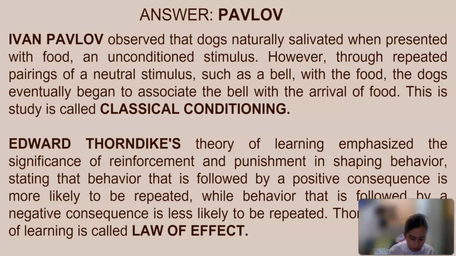So, the conditioned stimulus is actually the bell. After you ring the bell, there will be a conditioned response since the conditioned stimulus was triggered. Okay, so that is for Ivan Pavlov.